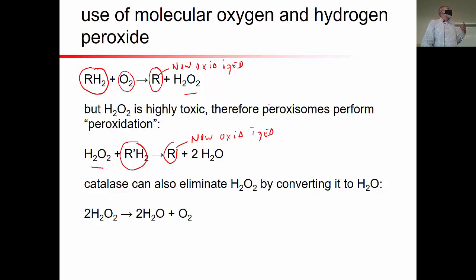So we're not going to go into a lot of redox details, but we'll talk about it a little bit. Remember, when something loses electrons, it's oxidation. When something gains electrons, it's reduction.